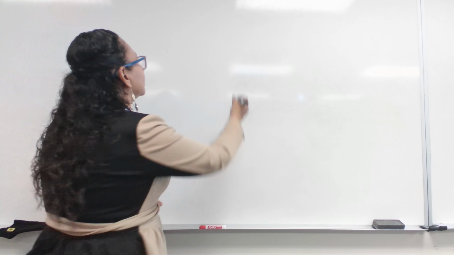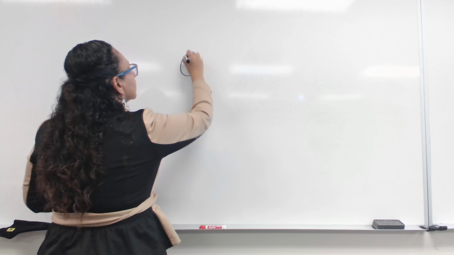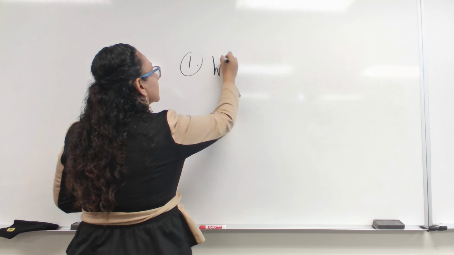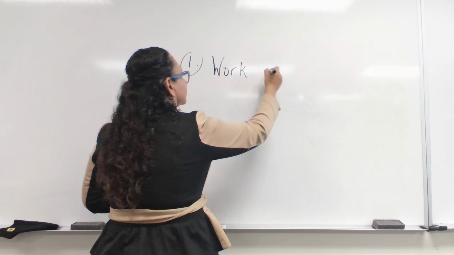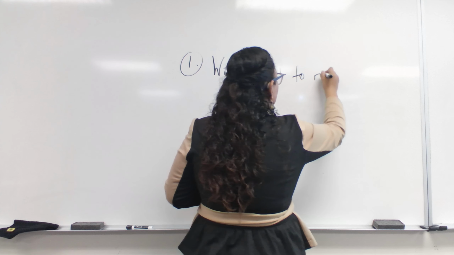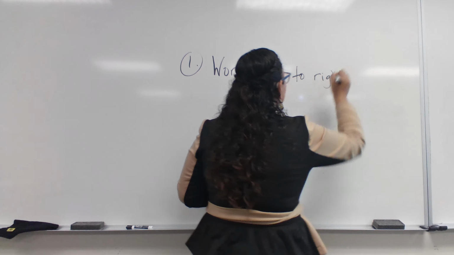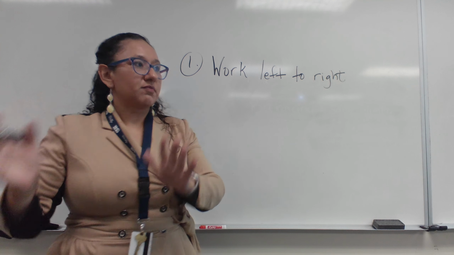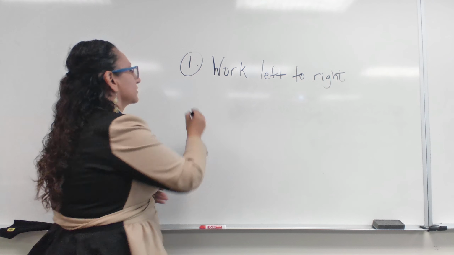Okay, so when you're balancing equations, rule number one for me, I always work left to right. As in, I look at the reactants before I go over to the product.